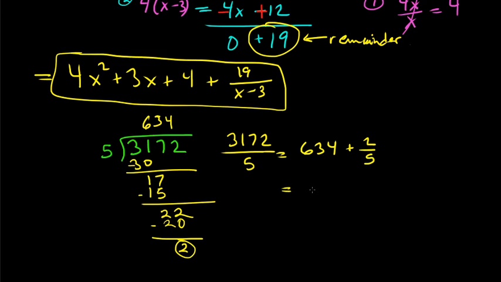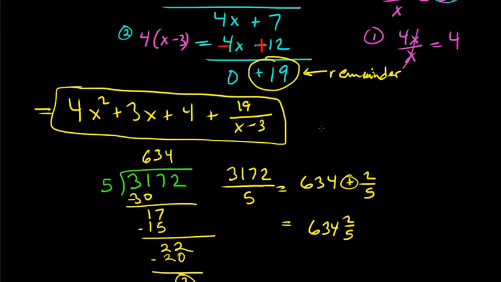And for numbers, you write it as a mixed numeral, 634 and 2/5, but it really means 634 plus 2 over 5. So don't forget the plus here. You can't do 4 times 19 over x minus 3.